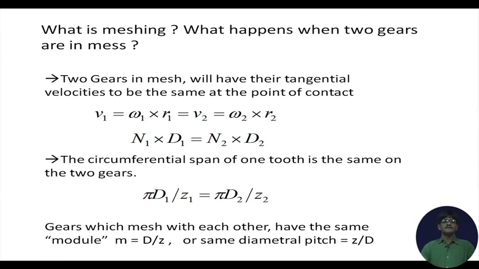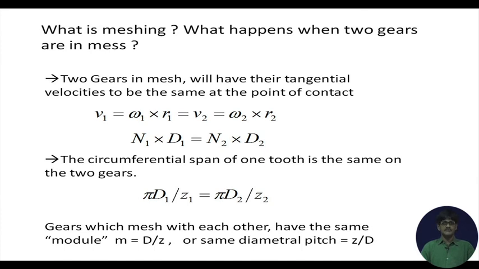But mind you, since it is dependent upon the type of unit you are choosing, because d is the pitch diameter in millimeters, we also have similar parameters which are defined in other systems of units, in a slightly different form, like diametral pitch.